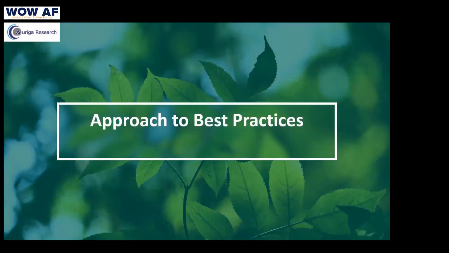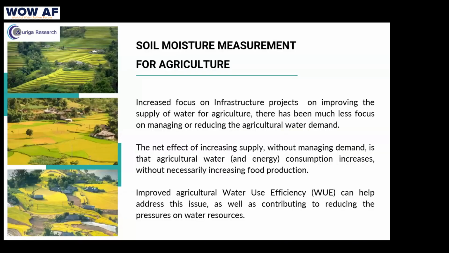Now, having seen that there is a direct correlation between the soil moisture requirement, the water requirement, and what the crop is in terms of producing a unit quantity of yield. Now, how do we get to the requirement?